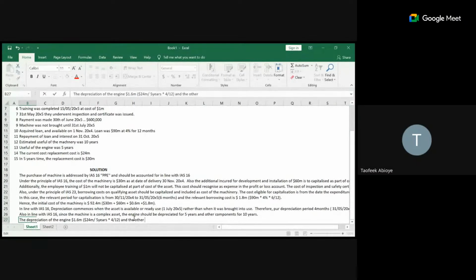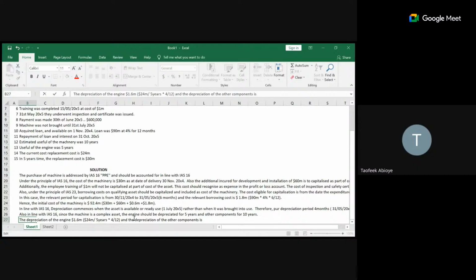Let's calculate the depreciation of the other components too. The depreciation of the other components, how much are you getting? 2.2.